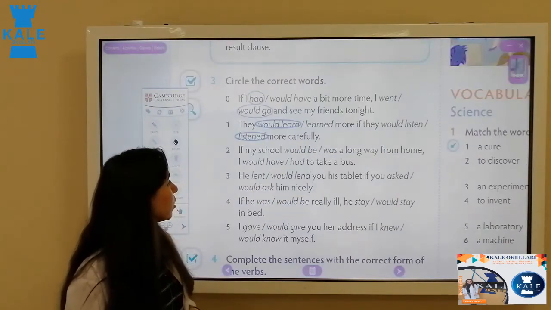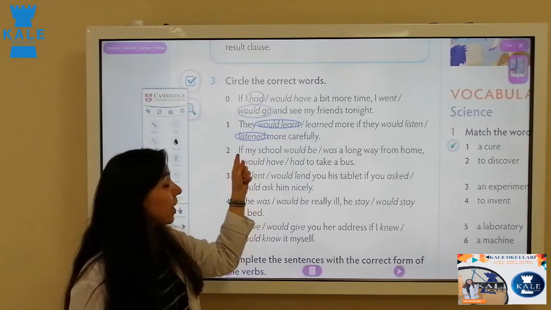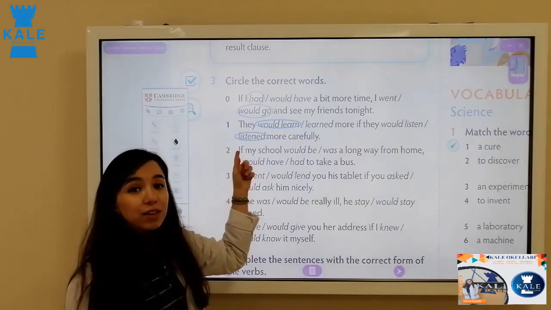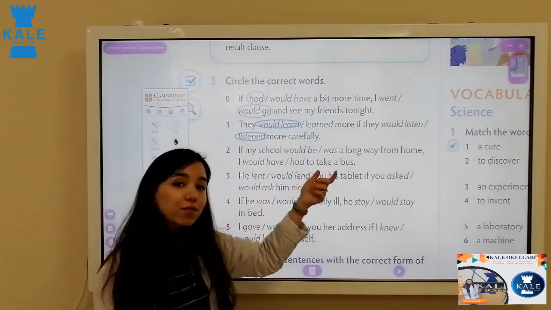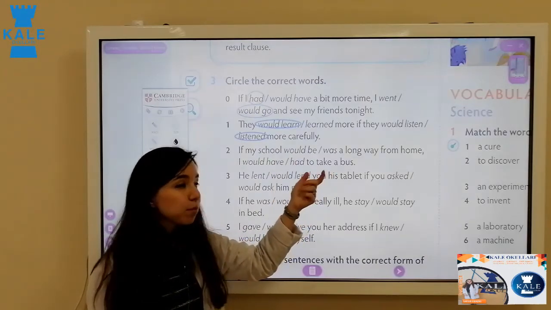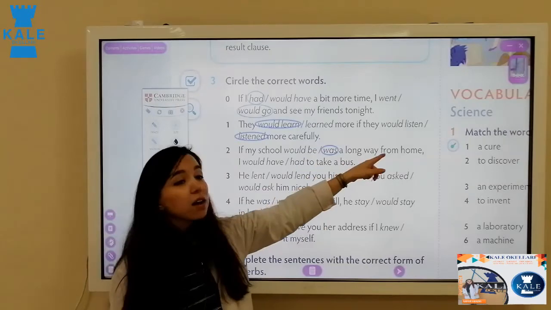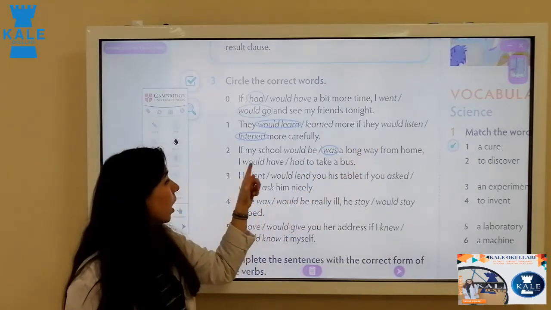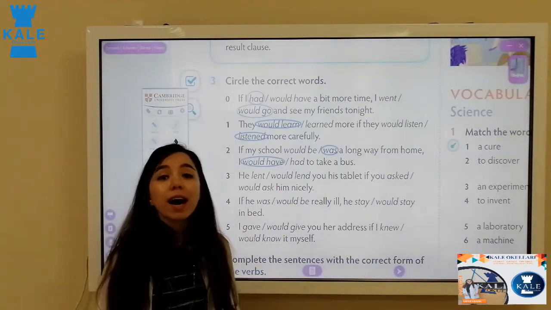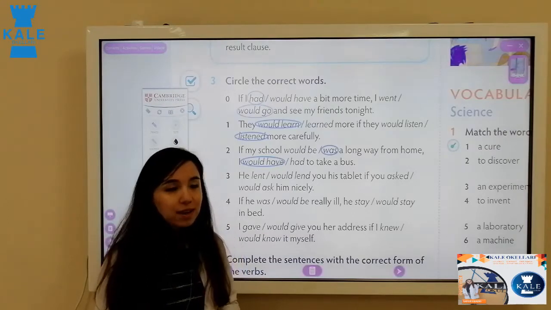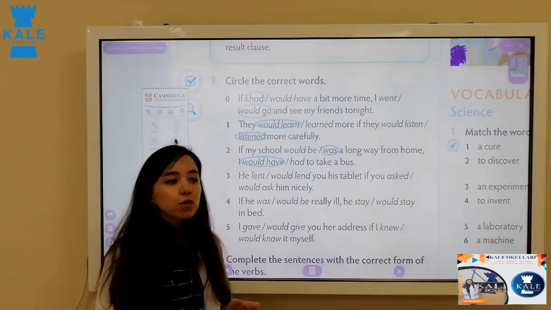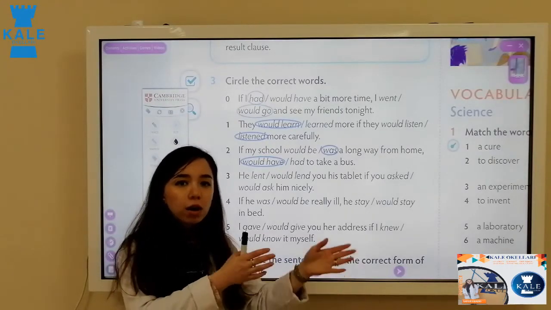Now let's check number 2. We have if here, yes. When we have if here, it shows us that after that we need to write past simple. So if my school was a long way from home, I would have to take a bus, yes. My house is, for example, so close to our school.